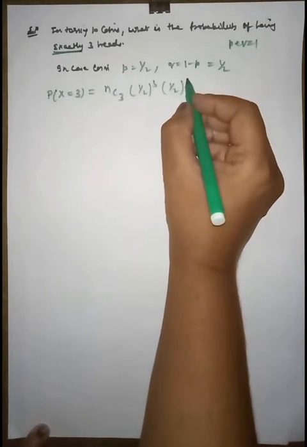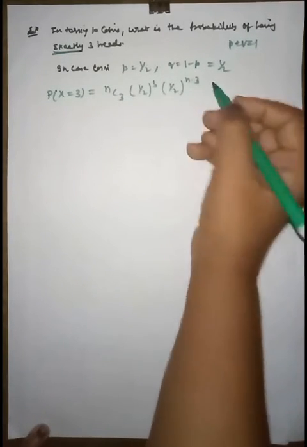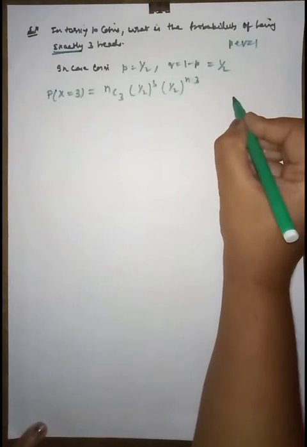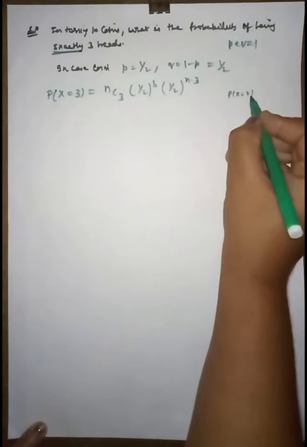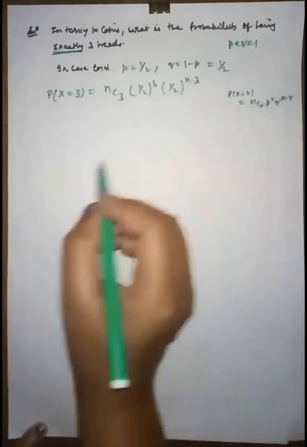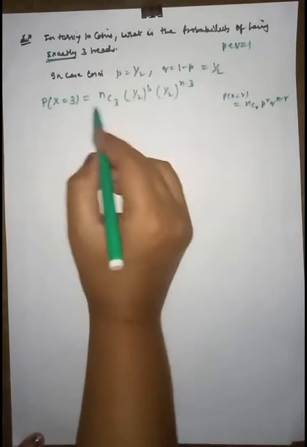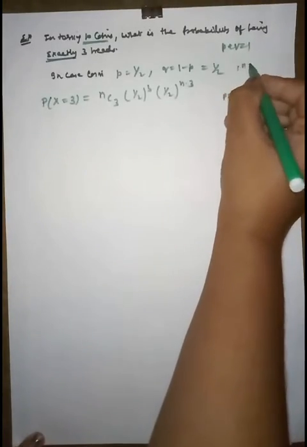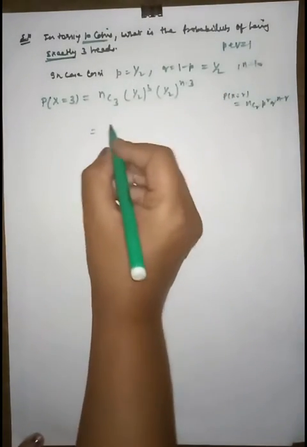So friends, I'm using the formula nCr p^r q^(n minus r). So here what is n? n is 10 coins. It means here n is 10. Now put the value of 10.